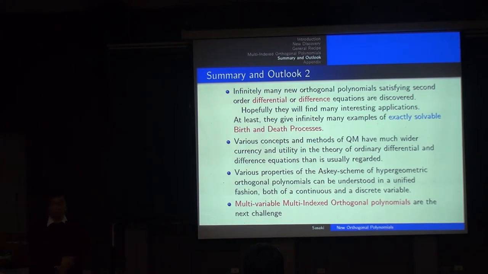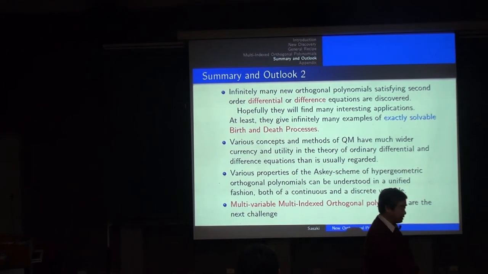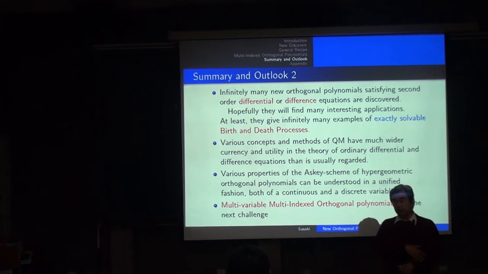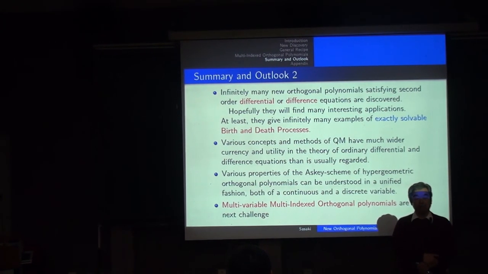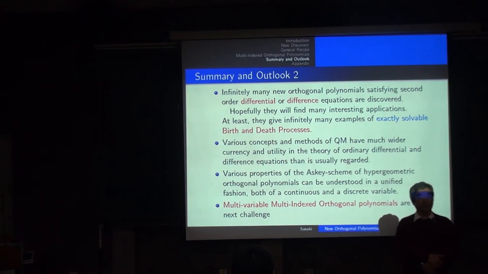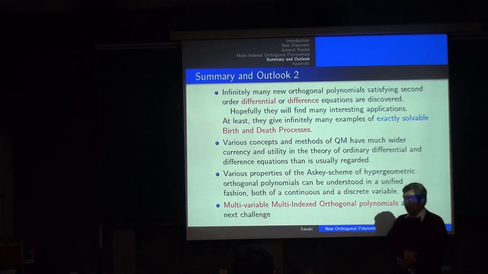Well, when you consider a deformation of classical mechanics, you just get quantum mechanics, right? This is of course a much smaller scale, but you can consider many different deformations, and many interesting things could be done.